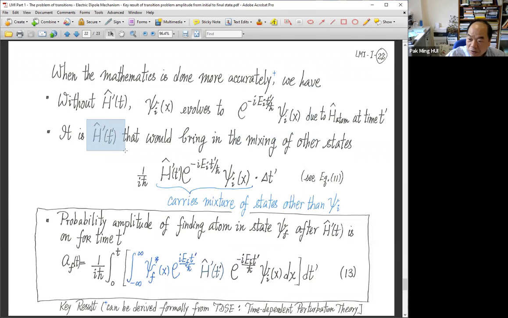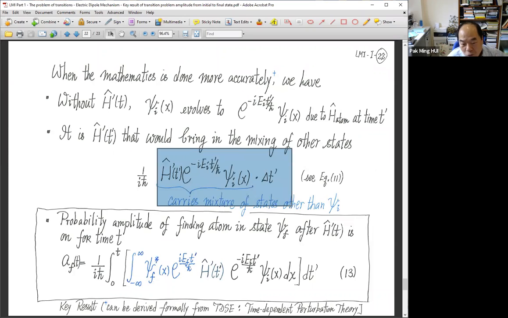And at that point, this interaction works. Therefore, we expect this to take the state out from phi I and mix in some other states. We assume that the interaction starts at t prime over a small interval delta t prime.